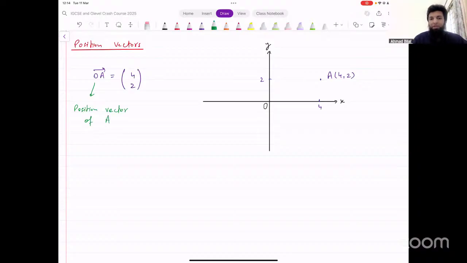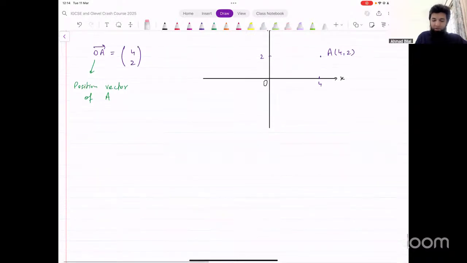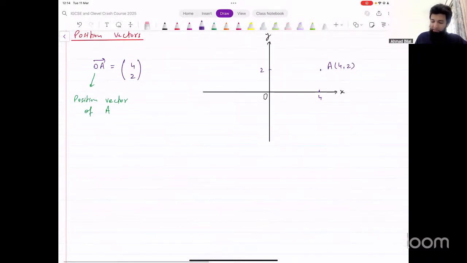So essentially, whatever are the coordinates of a point, if you write them in vector form like this, it becomes the position vector of that point. So this is the position vector of the point A. If I have another point somewhere, let's say there is this point here on the left side, and this point has coordinates -5 and 1.